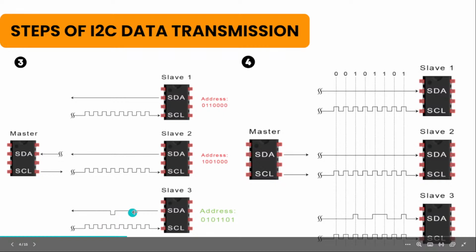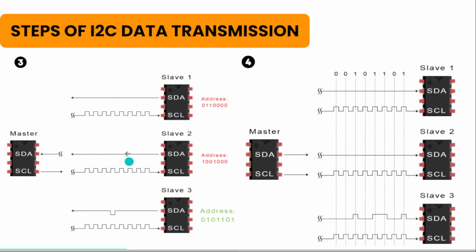If the address from the master does not match the slave's own address, the slave leaves the data line high. It does nothing, like this. And then the master sends or receives the data frame.